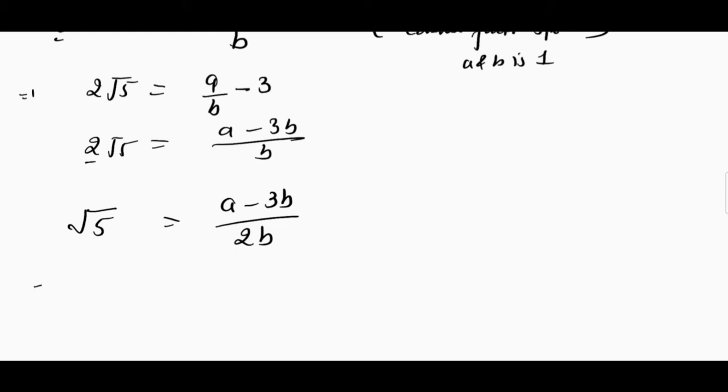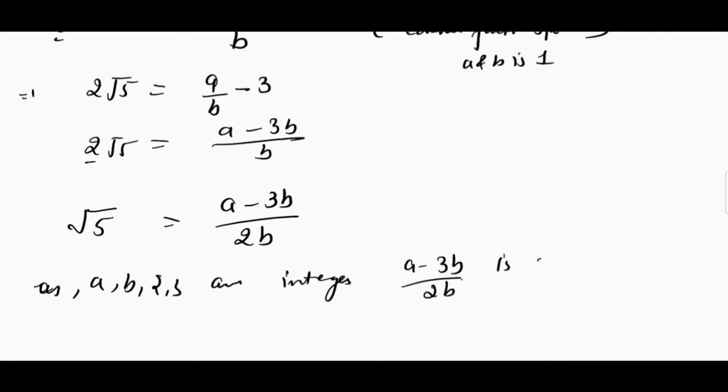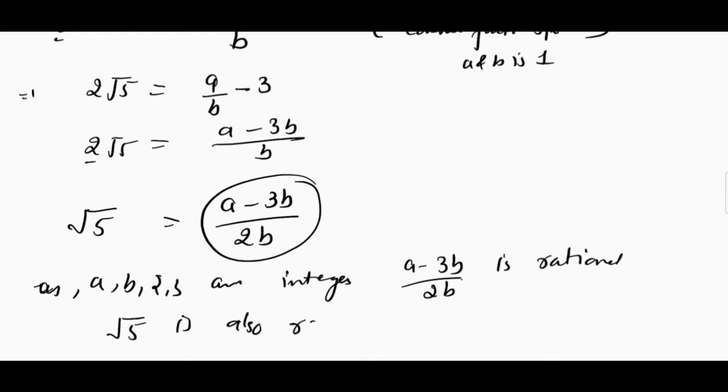We know as A, B, 2, 3 are integers, it means that A minus 3B upon 2B is rational. If this whole thing is rational, then square root of 5 is also rational. But we know the numbers like square root of 5 are irrational.